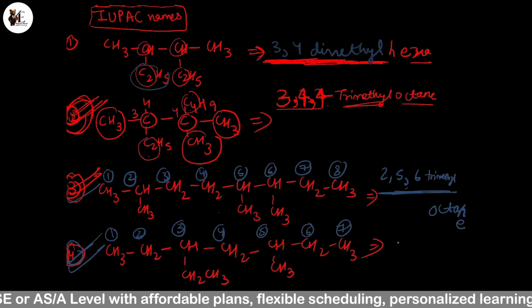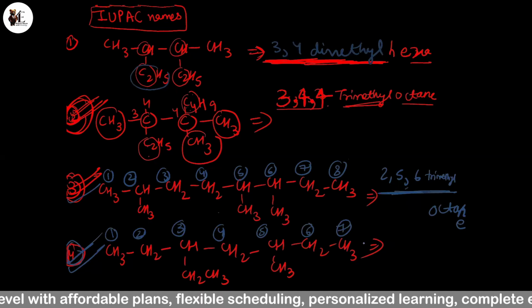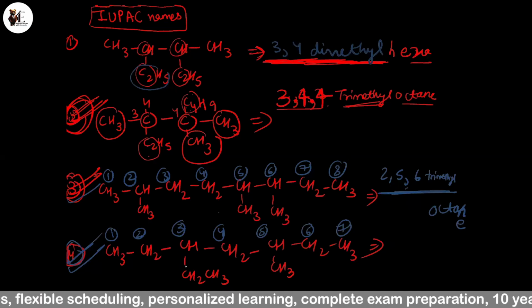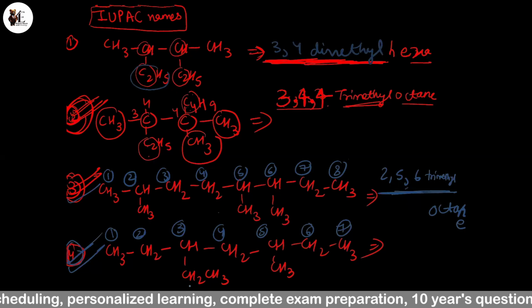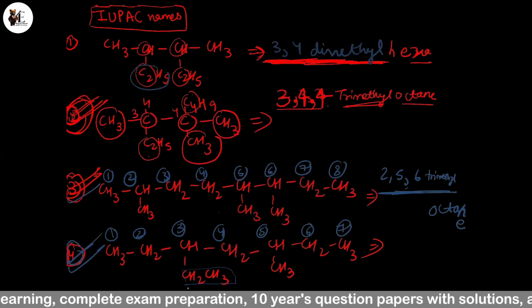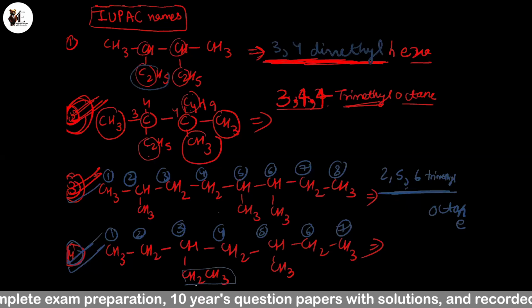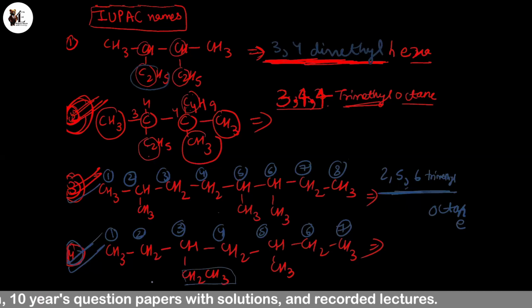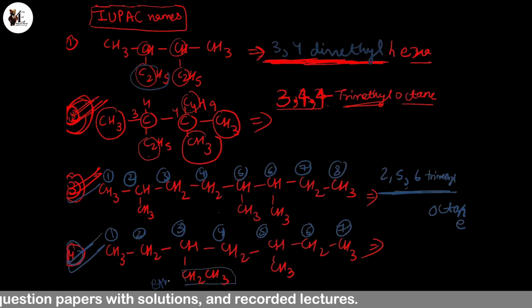What do I call that? On the third carbon, is it a dimethyl group? No, it is CH2CH3. CH2CH3 is called what? Ethyl. CH2CH3 is nothing, it is C2H5 only, and C2H5 is ethyl.